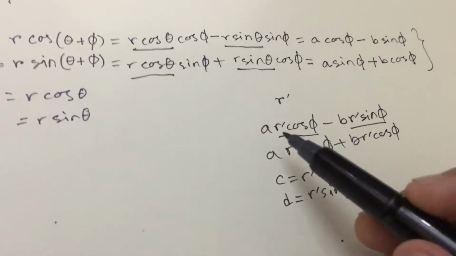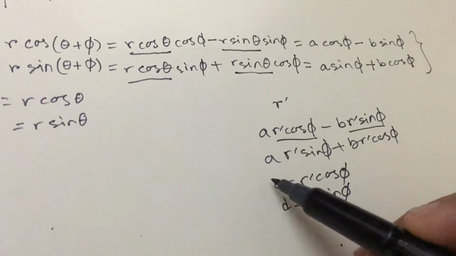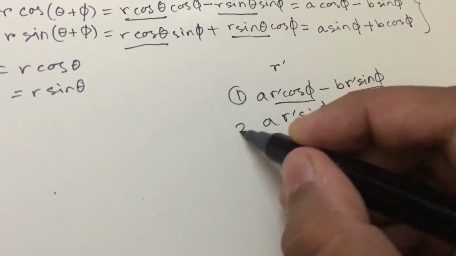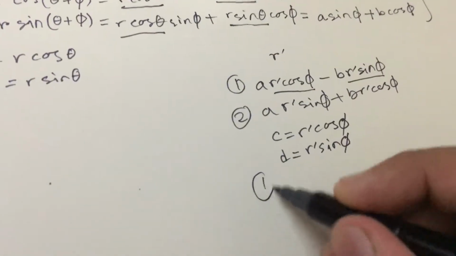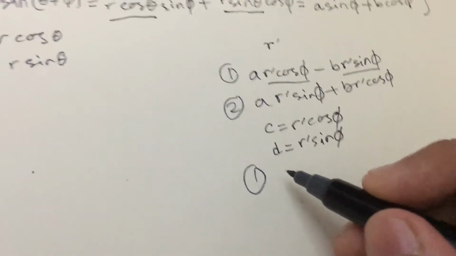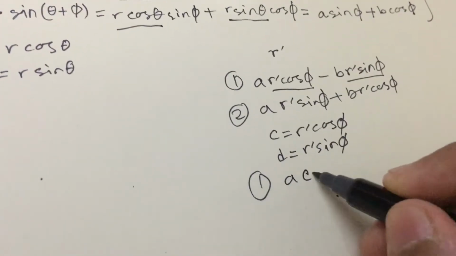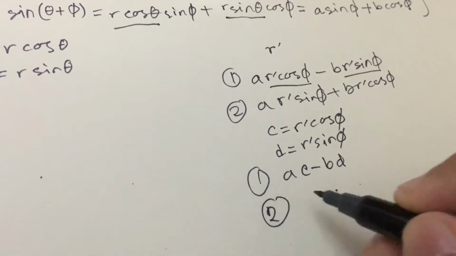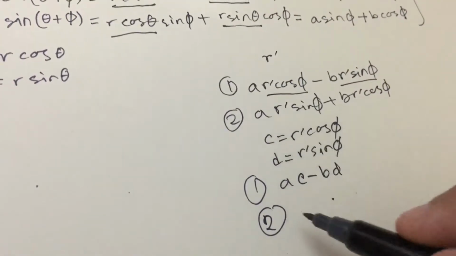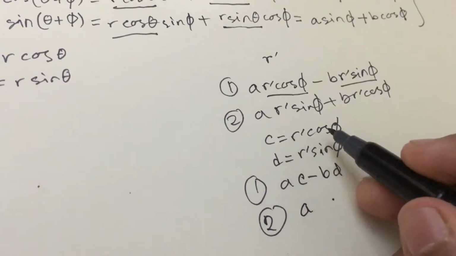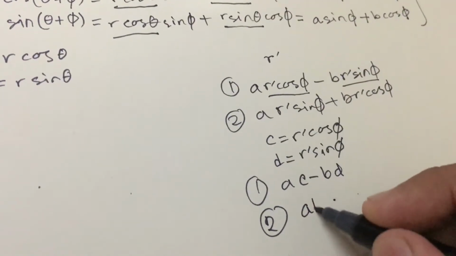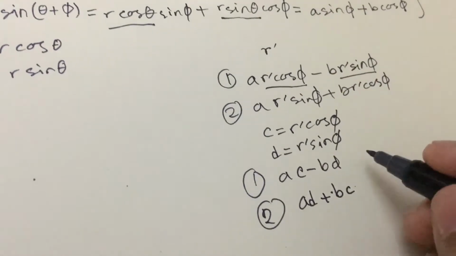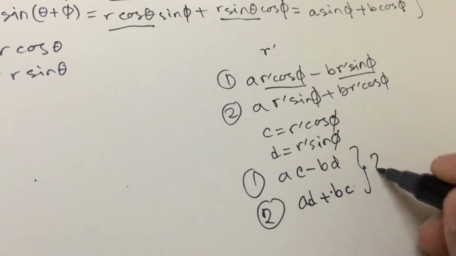and now we will rewrite this with these new names. So this is 1 and 2, we will get 1 as AC minus BD, and 2 will give us AD plus BC. Does this remind you of anything?